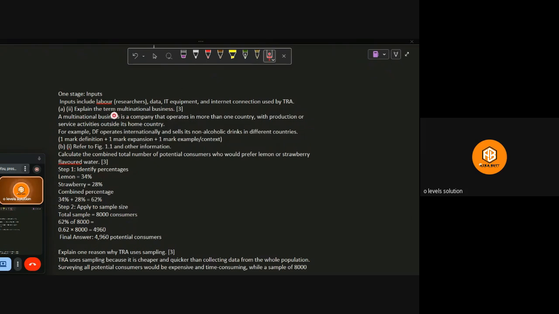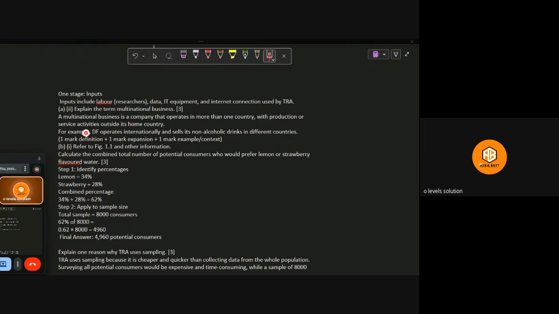The next question was to explain the term multinational business. As you can see, there is 1 mark for the definition, 1 mark for the explanation, and 1 mark for the example. So you need to explain what the term multinational business means. A multinational business is a company that operates in more than one country. That's the definition, with production or service activities outside its home country.